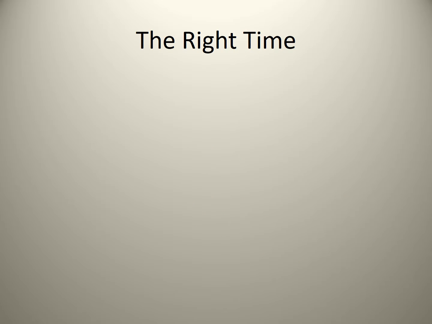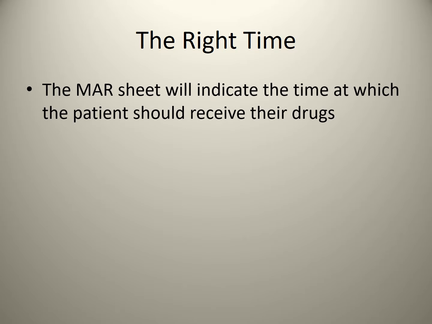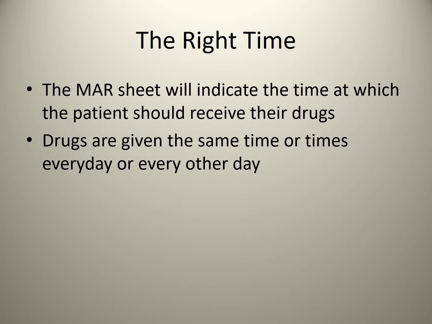The right time. The MAR sheet will indicate the time at which the patient should receive their drug. Drugs are usually given at the same time each day. Multiple doses are given at the same times each day. Some drugs may be given at the same time every other day or every second day.